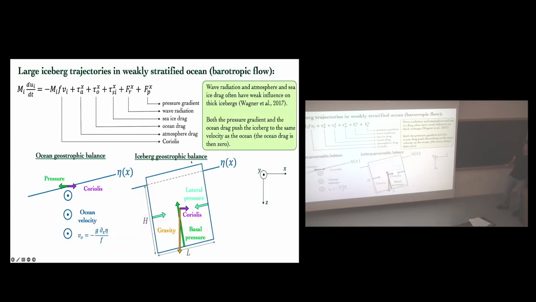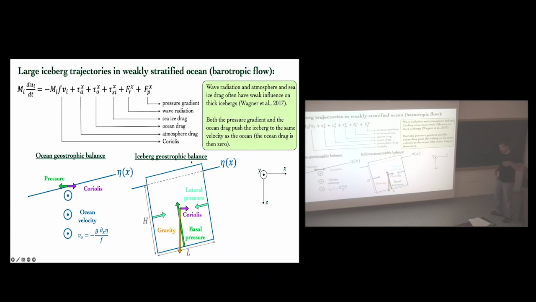So let's look a bit at the equations. You will have to believe me here, but you can look at this paper if you want to know more details. Icebergs around Greenland, in the Arctic, and in Antarctica don't move exactly the same way.